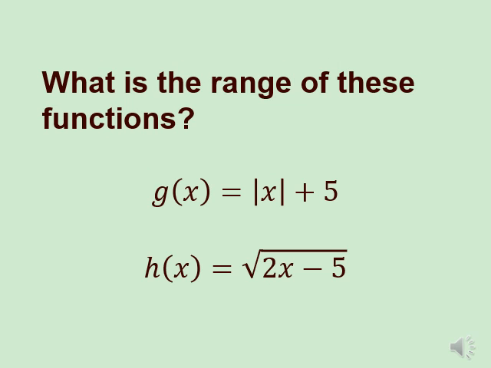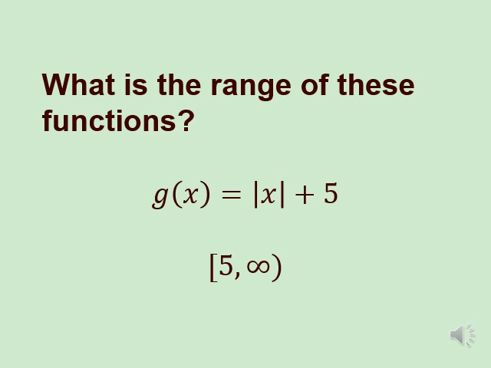Here's a couple of questions that ask us what the range is. And again, when you're trying to find the range, what you want to do is think, what sort of answers could you get? What could be the possible values of y? You might notice I left off the first of them. That's because it's a little bit harder on that one, but we're going to look at these two quickly. What's important with this first problem is that absolute value can never be negative.